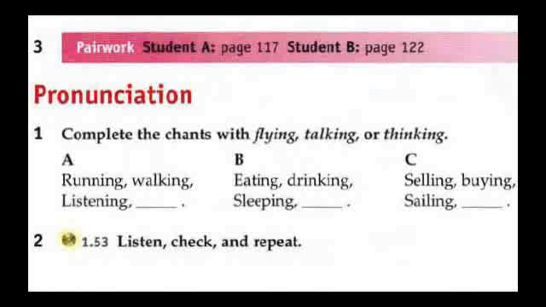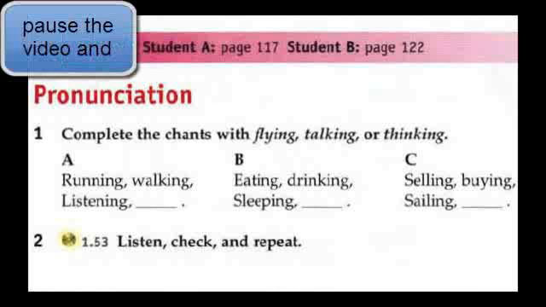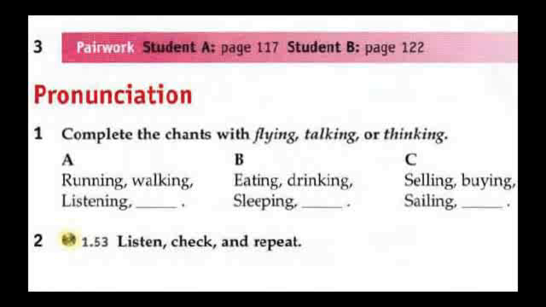So would you put flying, talking, or thinking? You have to do the same on B and C. Please pause the video and write down the verb that corresponds to each group. Now let's listen and check your answers.